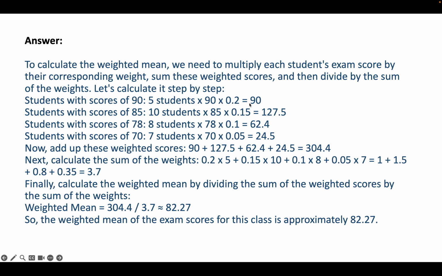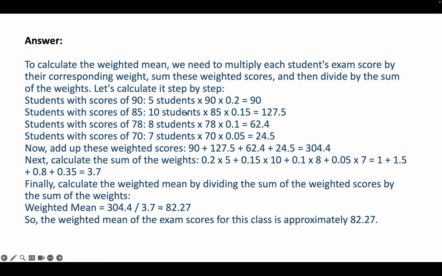So the weighted score for these 5 students getting 90 is calculated by multiplying the weight, the number of students, and the score. And 10 students got 85 and the score receives a weight of 0.15, and so on and so forth.